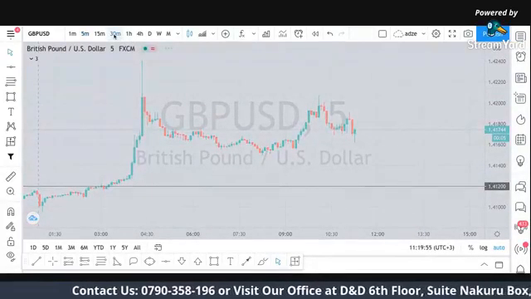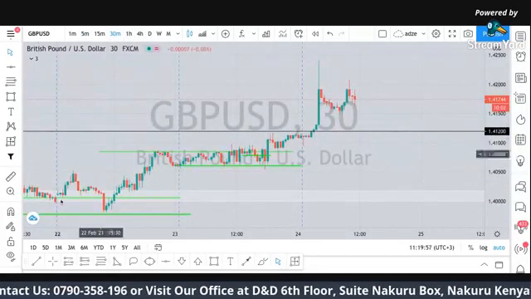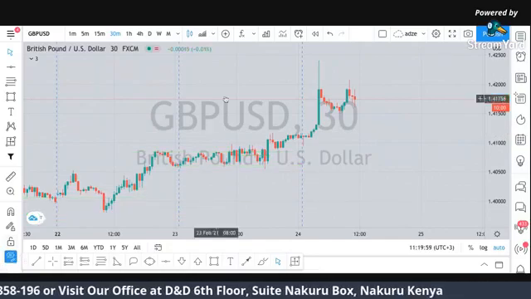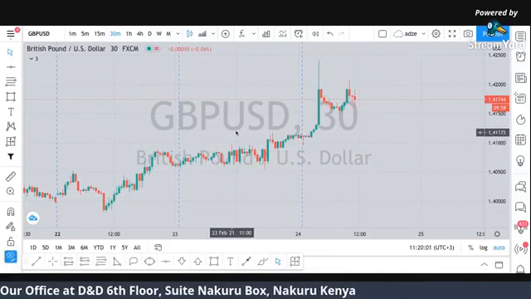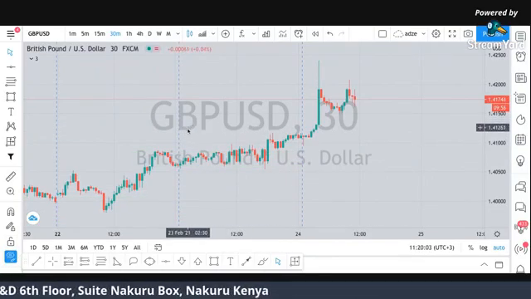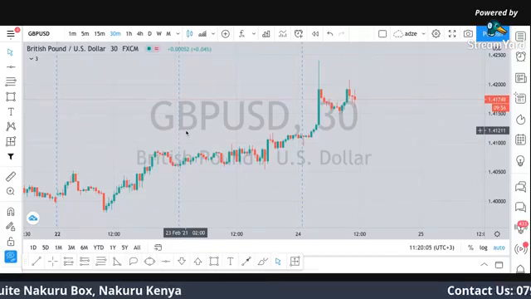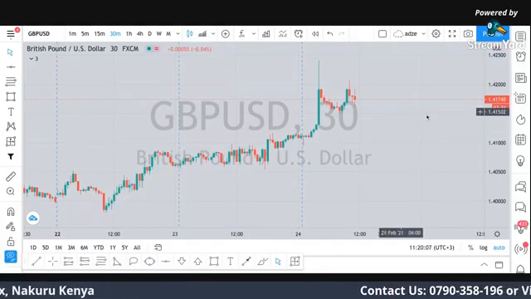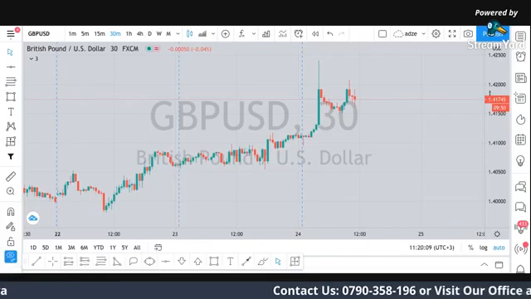I'm going to put it at 30 minutes. Now GBP USD is the currency pair. GBP is the base currency, USD is the quote currency. And now these are the prices.